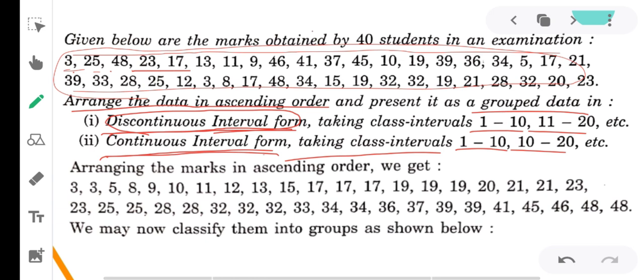First, we have to arrange the data in ascending order. So this is the ascending order of the data: 3, 3, 5, 8, 9, 10, 11, and so on. Then we have to represent the data in exclusive form and inclusive form. The first one given is discontinuous interval form, which means inclusive form.